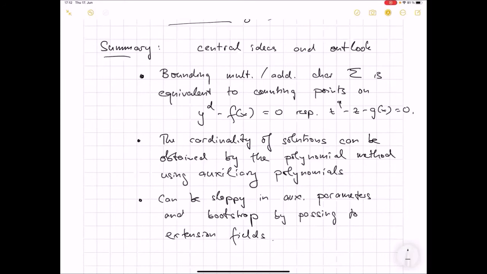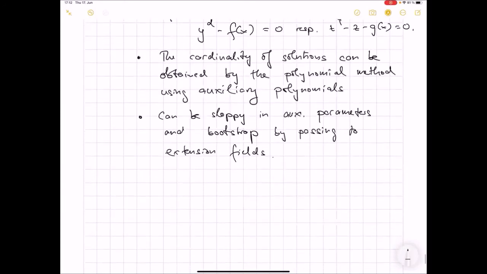All right, I was asked why, in one of the earlier talks, I focus on equations like y^d minus f of x, simply because this is what you need for character sums. But of course, you can look at arbitrary two-variable polynomials or even multivariable polynomials.